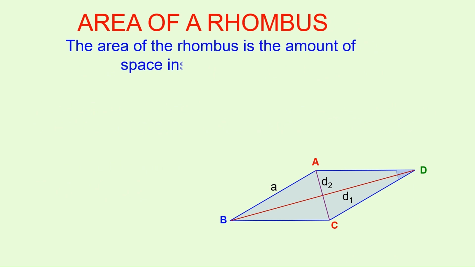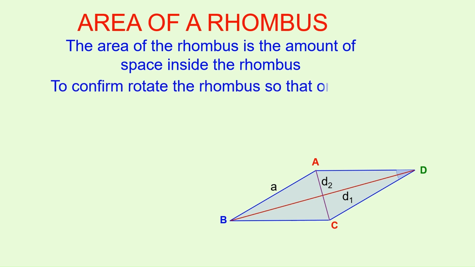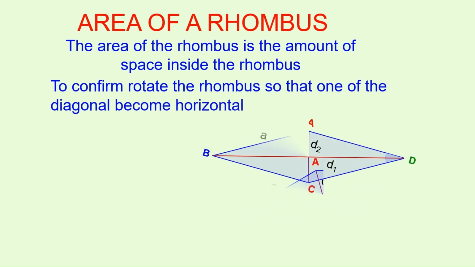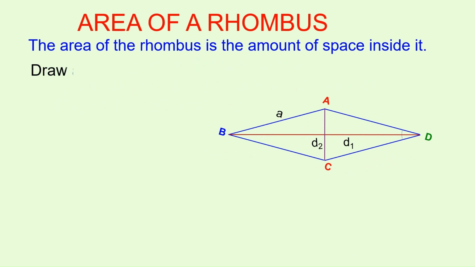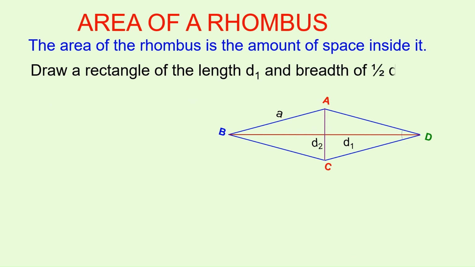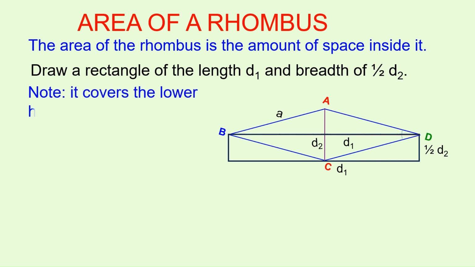The area of the rhombus is the amount of space inside the rhombus. To confirm, rotate the rhombus so that one of the diagonals becomes horizontal. Draw a rectangle of length D1 and breadth 1/2 D2. Note, it covers only the lower half of the rhombus.